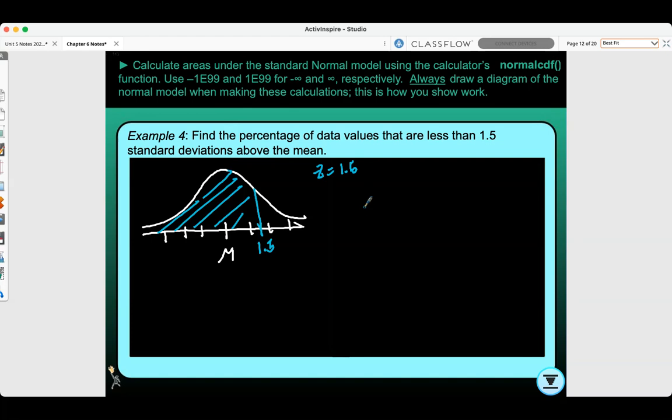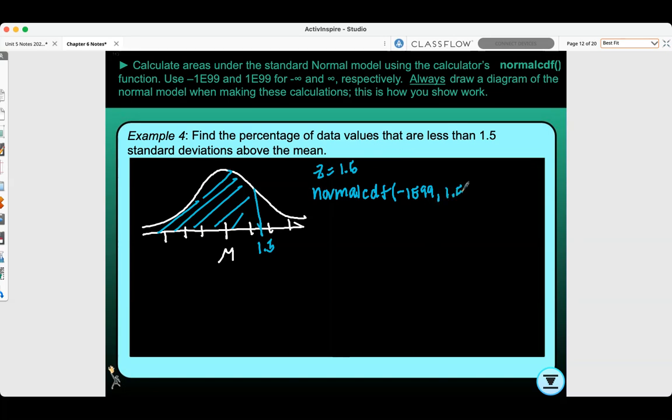And remember, you were told how to find z in the previous examples. So you would put in your calculator normal CDF. And to find that, that's under the distribution key. And you would have -1E99. To get the E key, that double E, you press the second, and I think it's above the 7 or the comma, and there's a double E there. And if you can't find it, I'll show you in class.